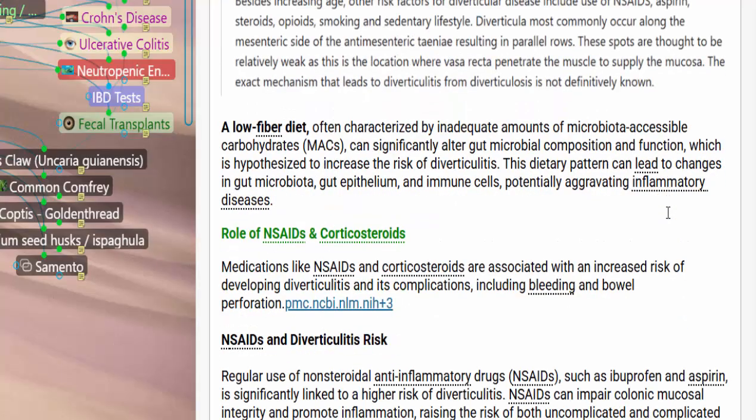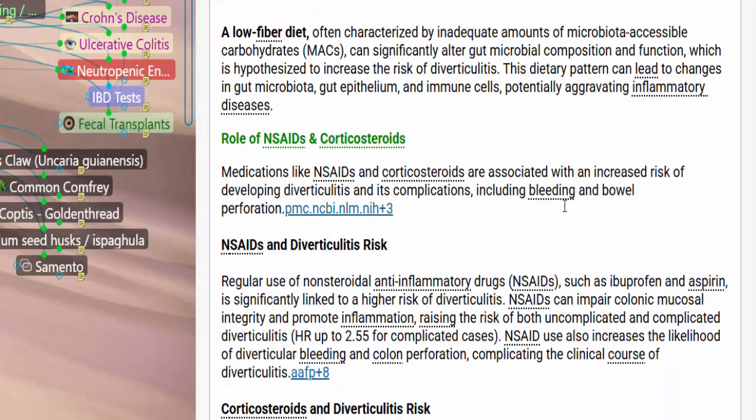So let's take a look at the role of NSAIDs. Those are the non-steroidal anti-inflammatory drugs. And corticosteroids. Medications like NSAIDs and corticosteroids are associated with an increased risk of developing diverticulitis and its complications, which include bleeding and bowel perforation.